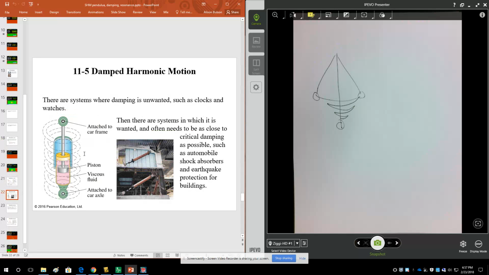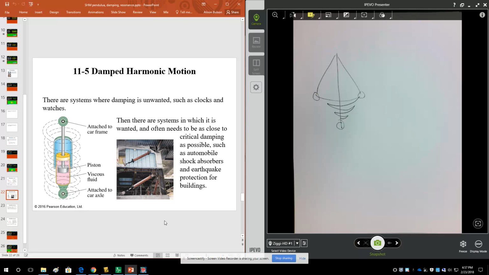So in systems where damping is unwanted, such as clocks and watches, we try to eliminate friction. We try to provide ways for the oscillation to regain mechanical energy, either with a battery or, in my grandfather's clock, I have to wind it up every week or so if I remember.